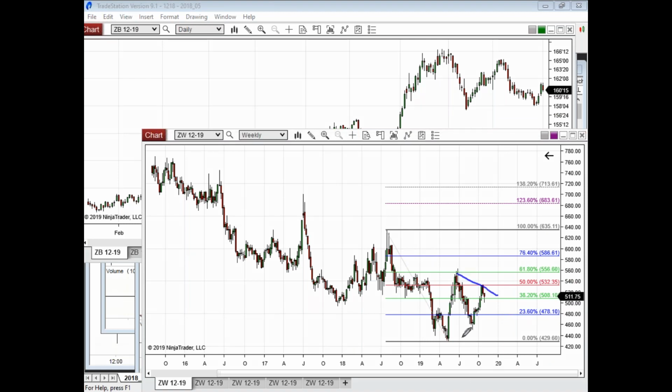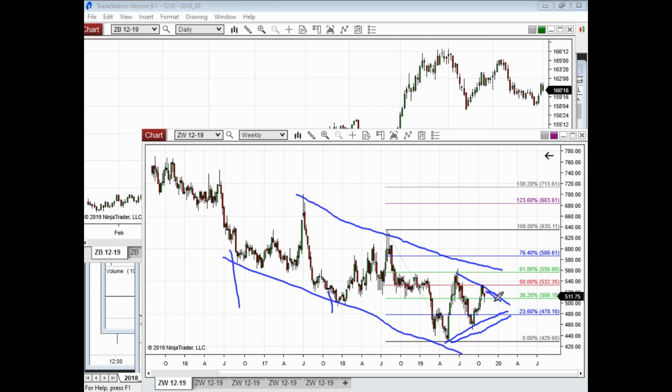Just trying to do this lovely little pennant here, symmetrical triangle. And we've got our lows, kind of shifting momentum.